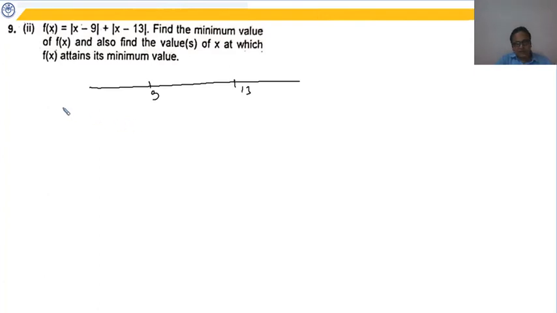When x is less than 9, the equation is y is equal to 22 minus 2x. Between 9 and 13, the equation is y is equal to 4, a horizontal line. For x greater than or equal to 13, it's y is equal to 2x minus 22.